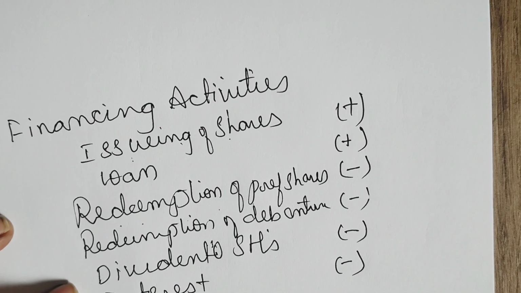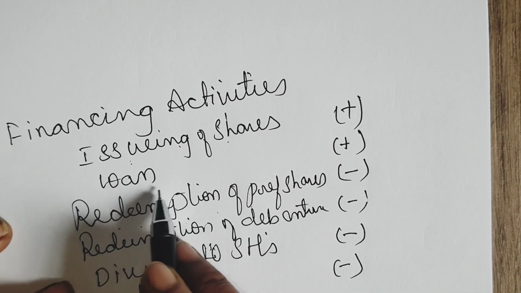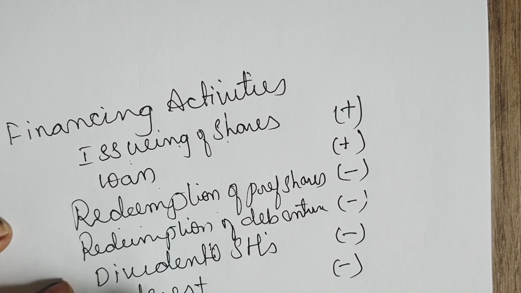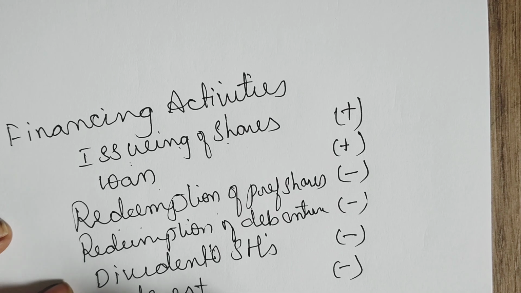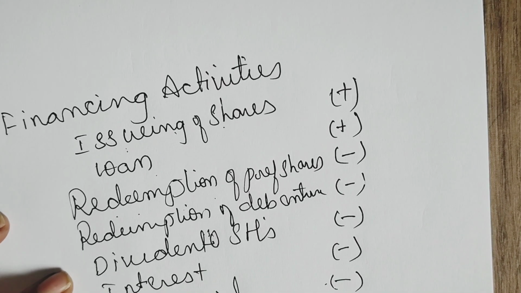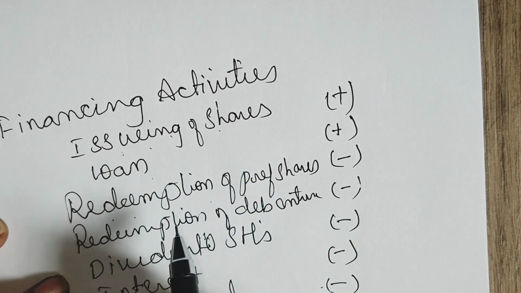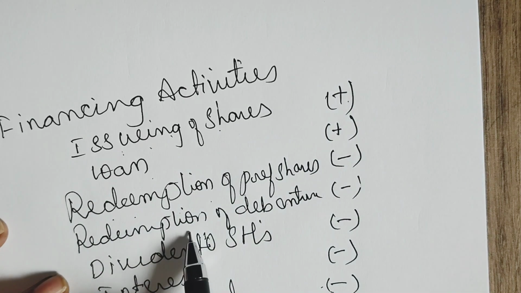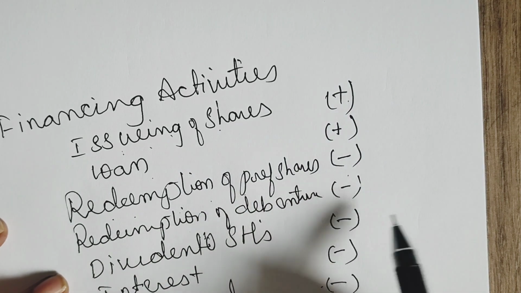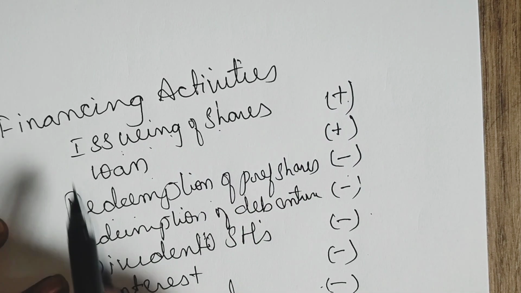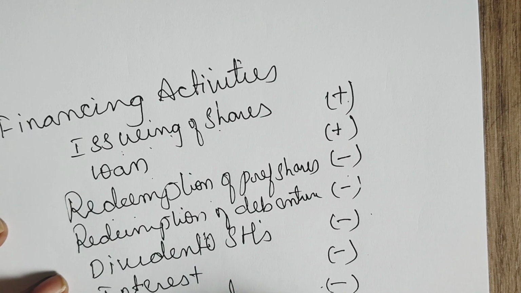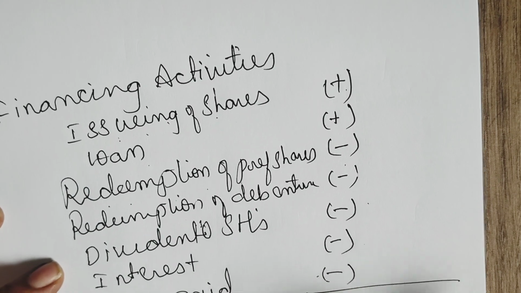Then you borrowed the loan; you need to repay the loan. Loan paid. Understood? Whatever cash is coming into the business, cash inflow, you are adding. Whatever cash is going out, outflow of cash, you are minusing. This is financing activity.